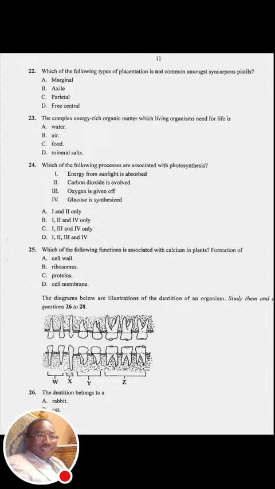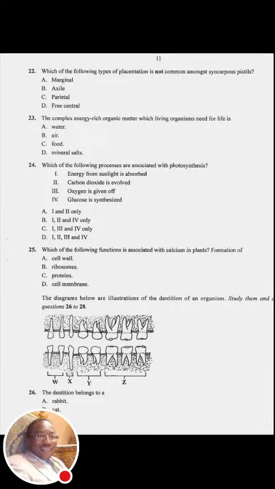The food made in photosynthesis is called glucose, okay? Now let's look at the options. Number 1, energy from sunlight is absorbed. Number 2, carbon dioxide is evolved. Number 3, oxygen is given off. Number 4, glucose is synthesized.